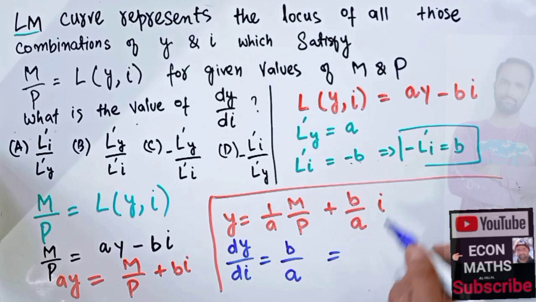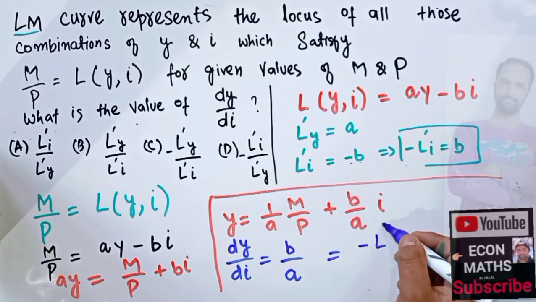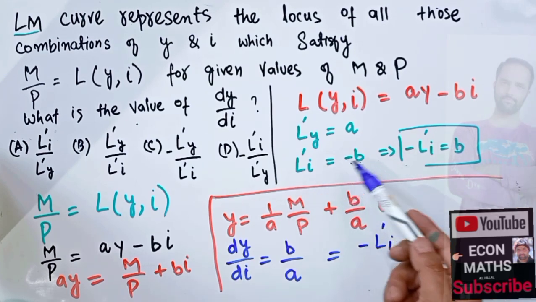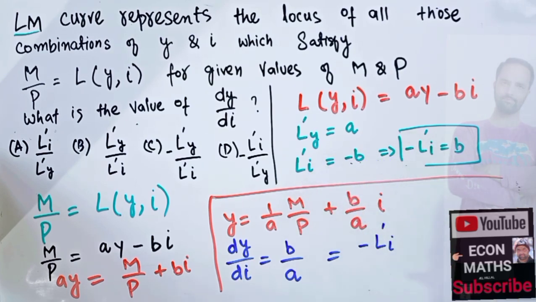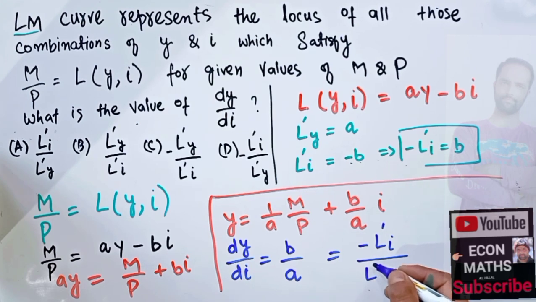Now what is b? B is equal to minus L dash I. It shows the interest sensitiveness for demand for money, divided by A, which is equal to L dash Y, and this denotes the income sensitiveness for demand for money.